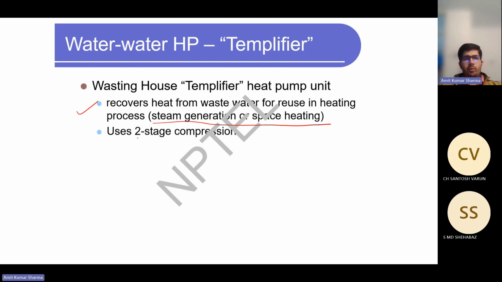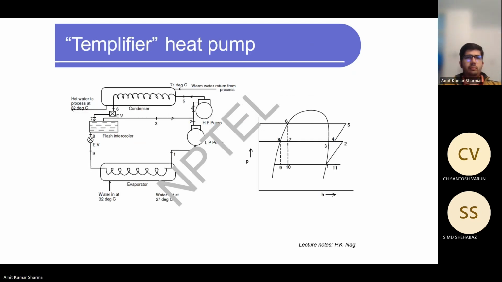It is for heating processes like steam generation and space heating, and it uses two-stage compression. So this is the Templifier heat pump. You can see the high pressure pump and low pressure pump, evaporator, condenser.